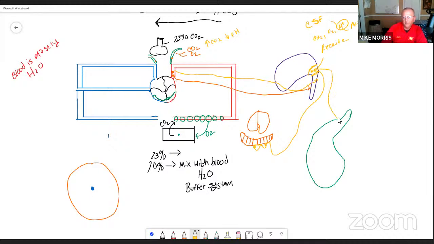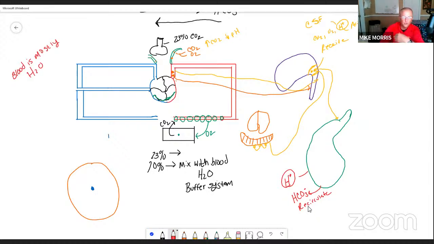The message comes down here to these guys, and they can do a couple of things. One is they can start releasing hydrogen ions through urine, which is really cool. But they can also recirculate bicarbonate.